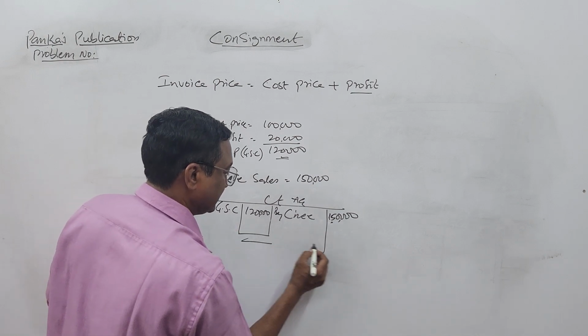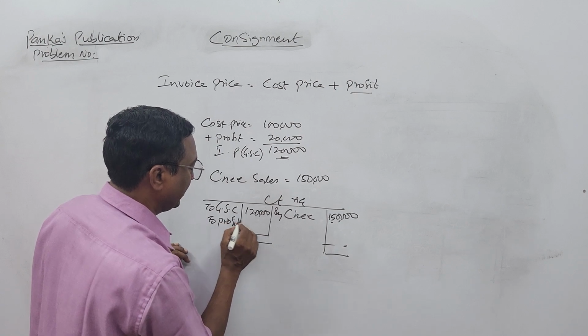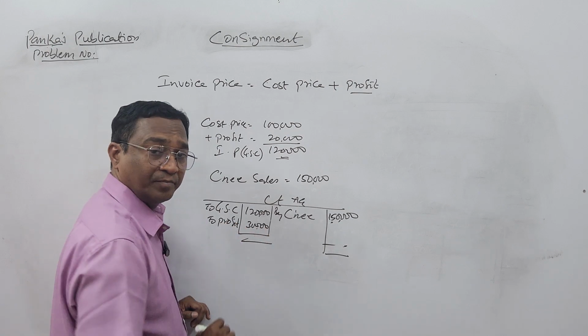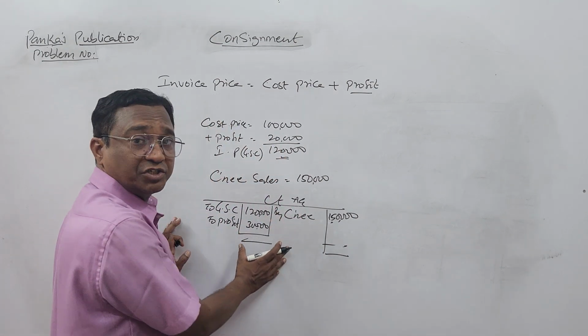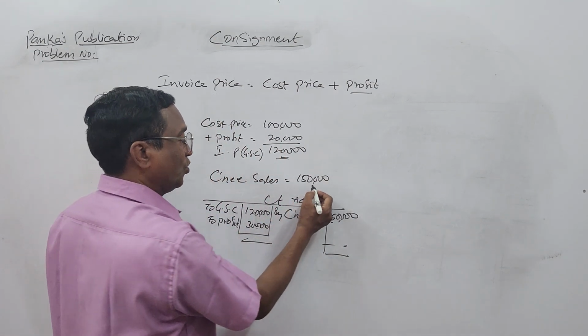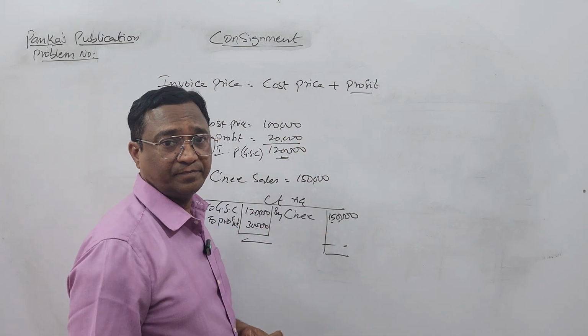So the balance, the profit I am getting, is only 30,000. But originally the profit is not 30,000. It is wrong information. So what is the correct profit? 1 lakh 50,000 minus 1 lakh, 50,000 is your profit.